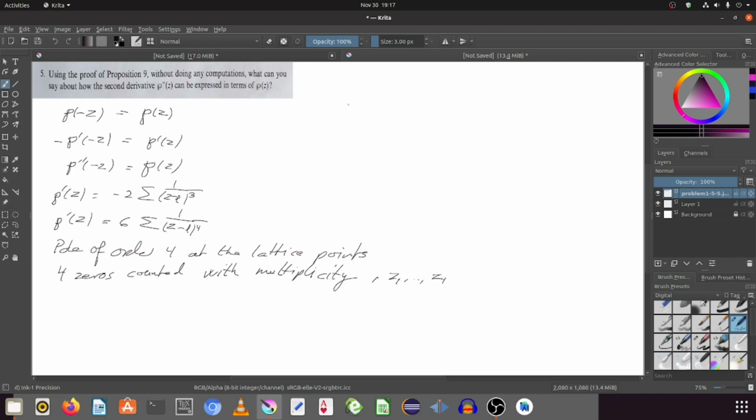Now let's look at the function. This one has a pole of order 4, and this one has a pole of order 8. I missed that.